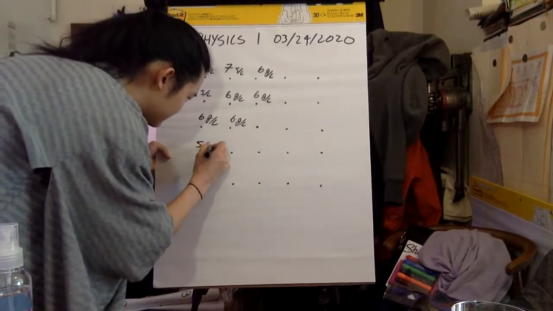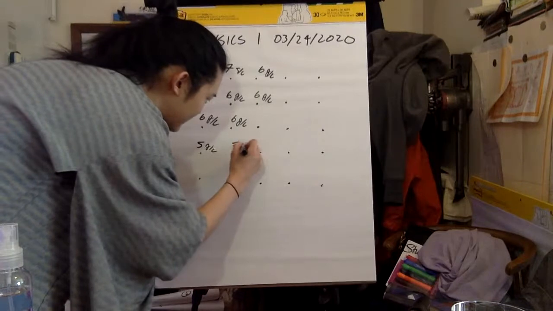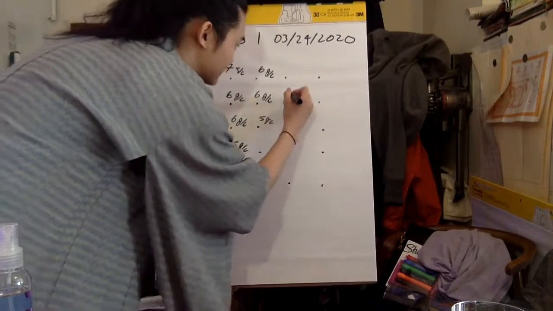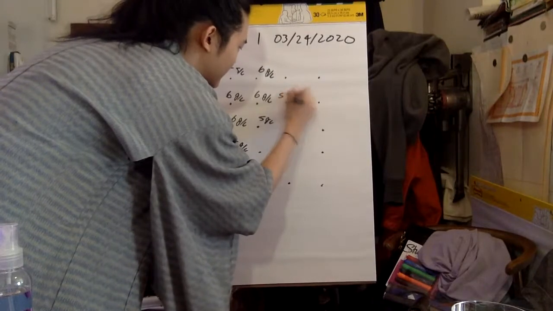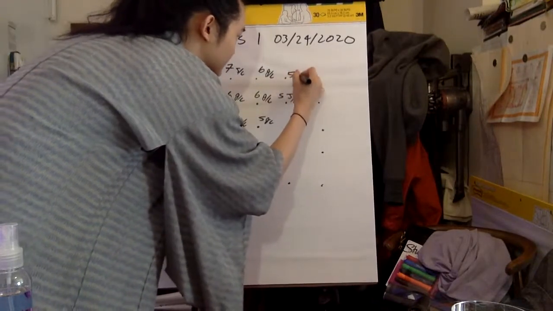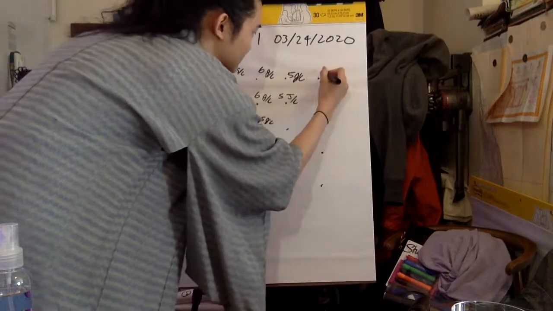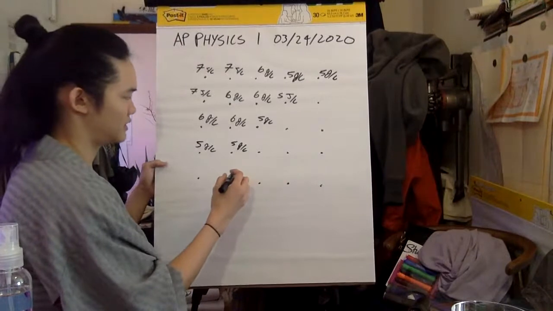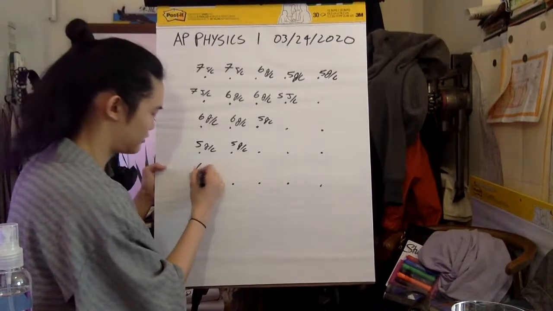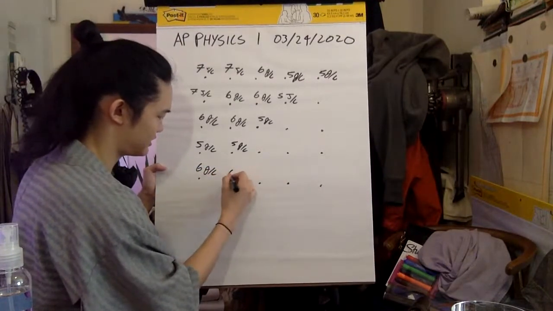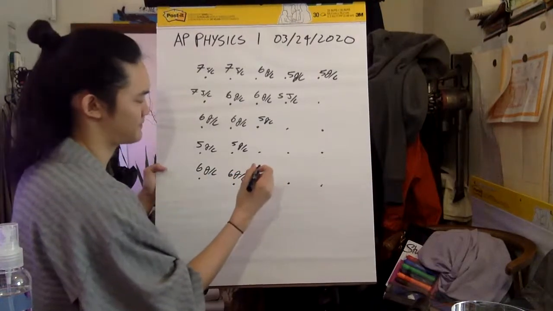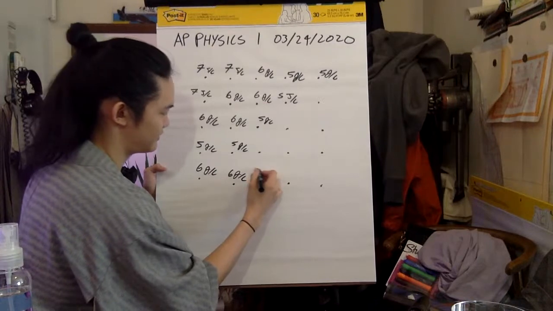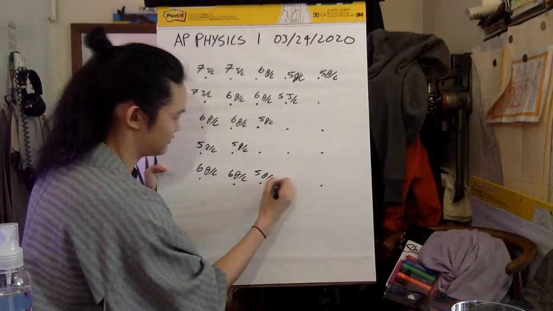So this is 5 joules per coulomb, 5 joules per coulomb, 5 joules per coulomb, 5 joules per coulomb, 5 joules per coulomb, 5 joules per coulomb here too. And I'm going to go back up to 6 joules per coulomb here, 6 joules per coulomb. And I'll put another 5 joules per coulomb here.